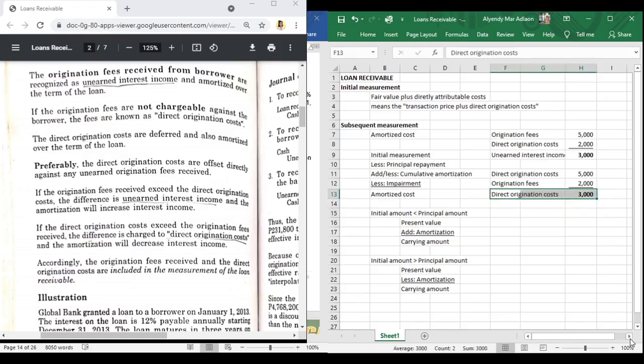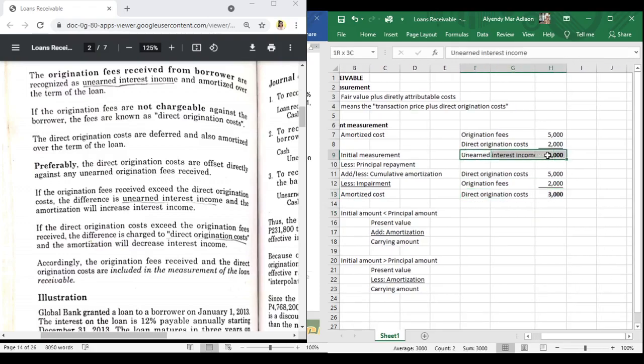Okay? Now, take note, if the net amount you got is an unearned interest income, it will increase our interest income. But if what you got is direct origination cost, in which case the cost is greater than the fees, then it would decrease our interest income.